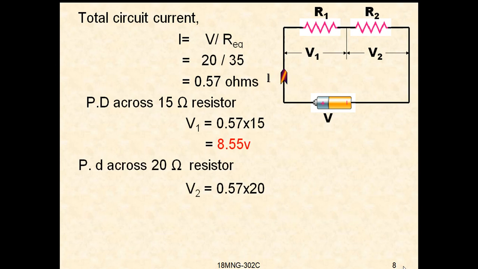And the potential difference across 20 ohms resistor V2 is equal to 0.57 into 20, that is 11.40 volts.